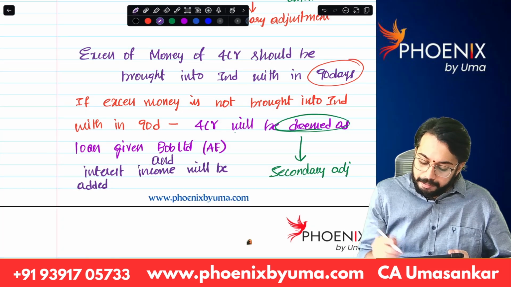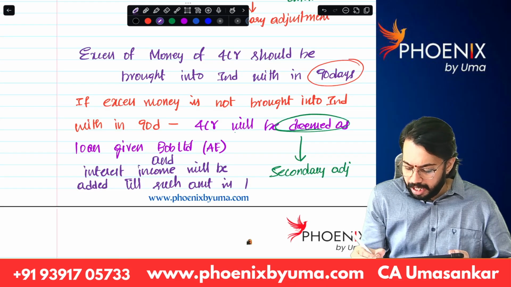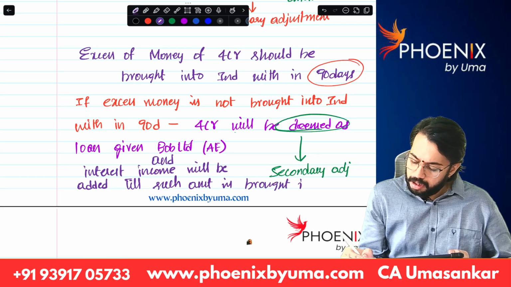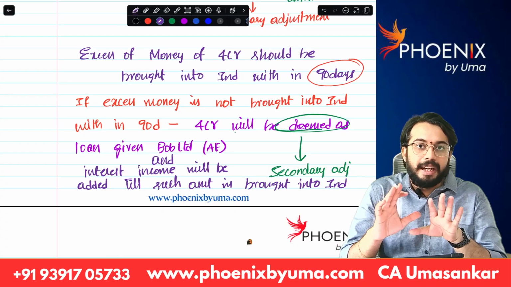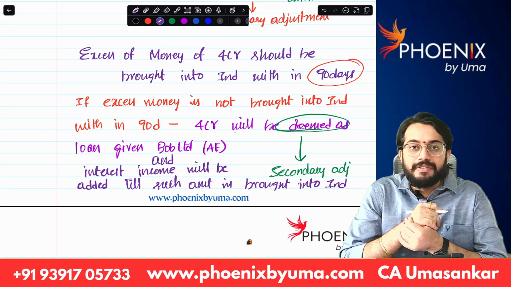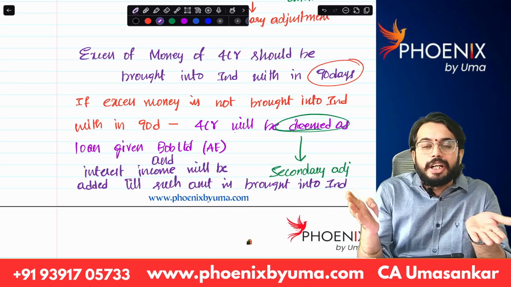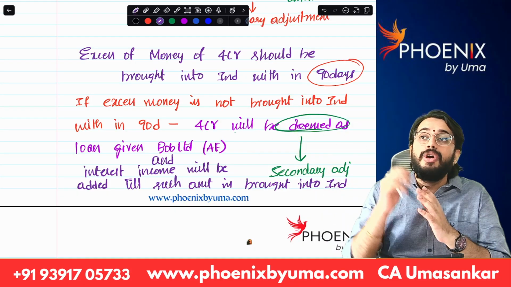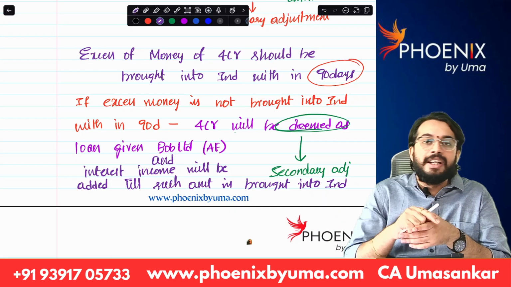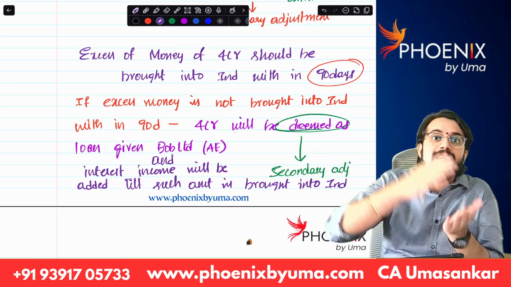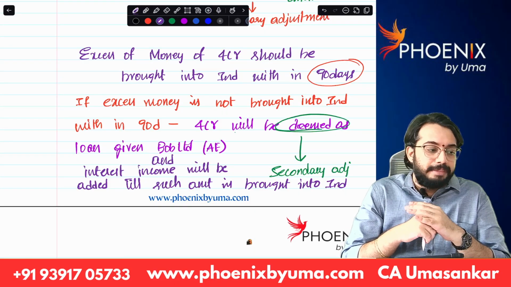Interest income will be added till such amount is brought into India. That concept we call as secondary adjustment. Primary adjustment means excess money. We will add excess money to the income of the SSC. Now whatever the excess money is there, that should be brought into India. If it is not brought into India, that excess money will be deemed as loan given to associated enterprise, and every year interest income will be calculated, and such interest income will be added to total income of the SSC till that excess money is brought into India. That concept we call as secondary adjustment. Are you able to understand?